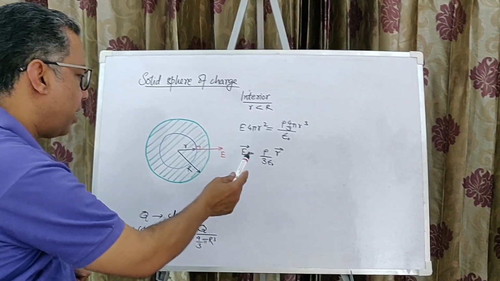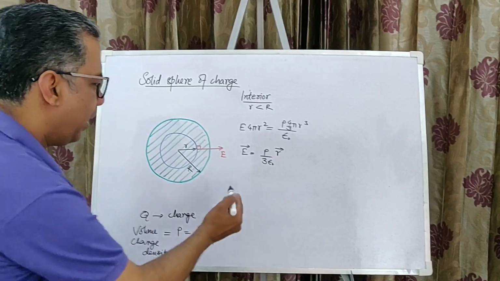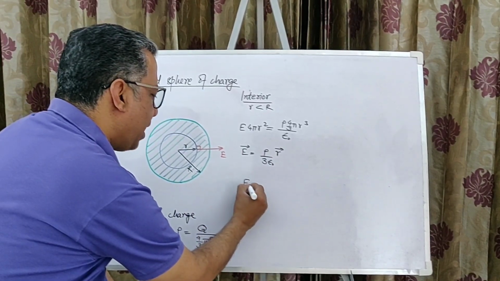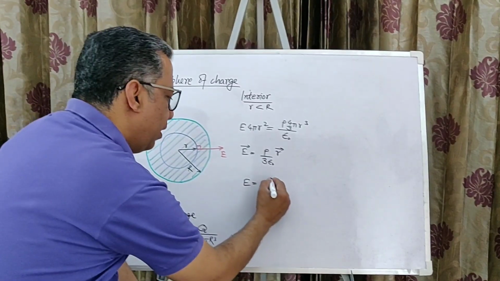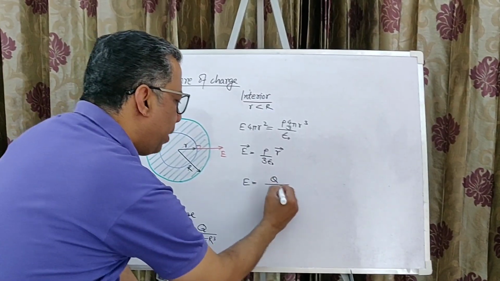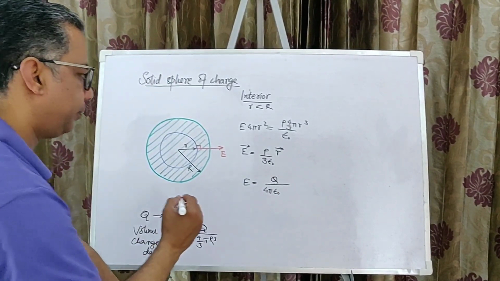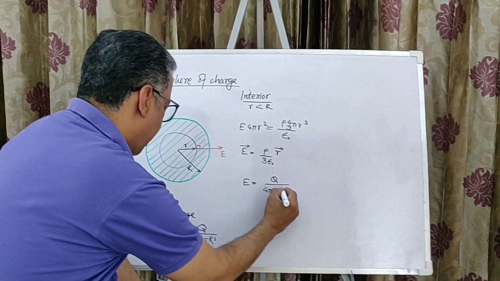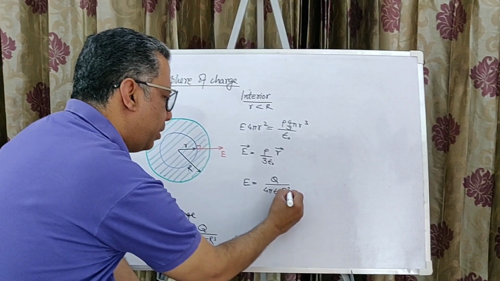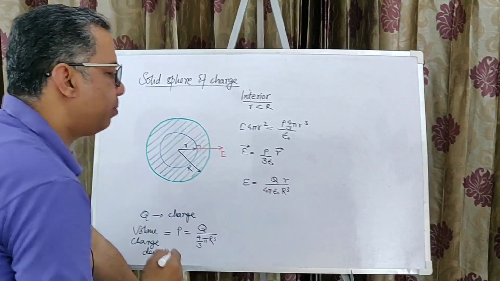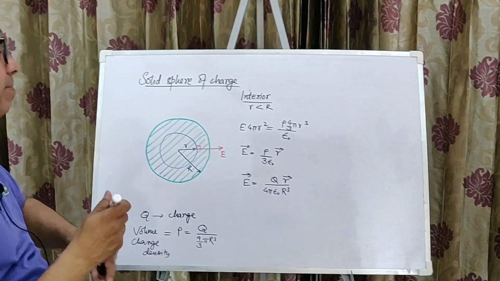What we can also do now is replace this rho by this result, and the magnitude of the electric field now comes out to be Q by 4 pi epsilon naught R cube times small r, and E and r can have vector signs on them.